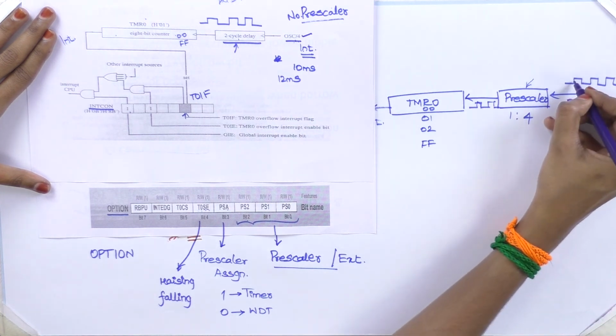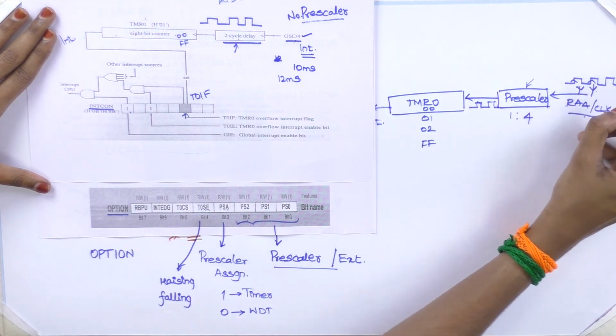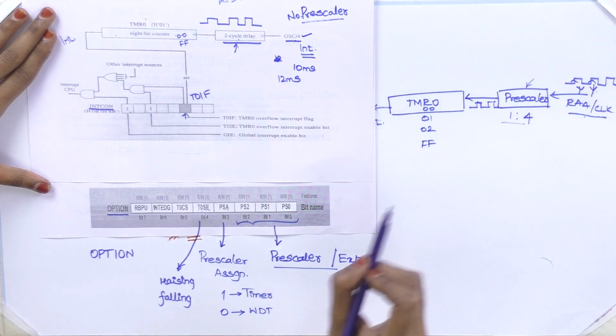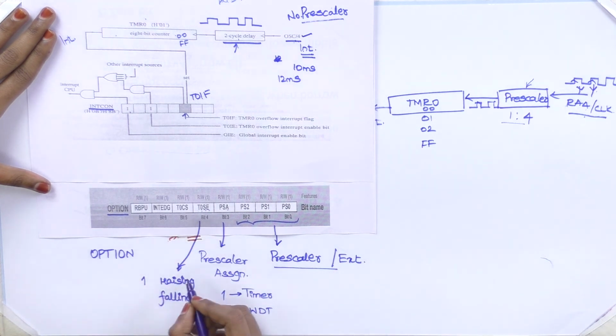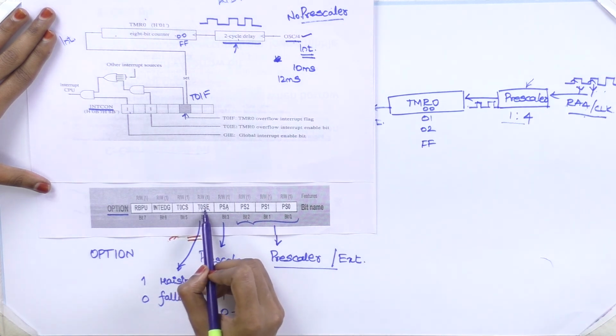So now we are defining whether we count this output on every rising edge or every falling edge. If this bit is 1, for every rising edge this will count as 1. If this is 0, it means we are counting with the falling edge. So that's the meaning for TOSE.